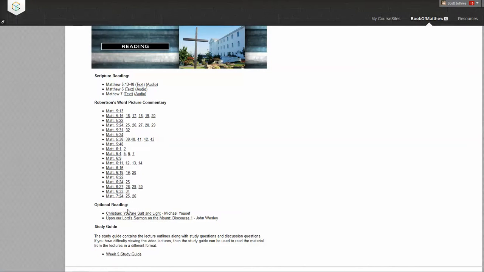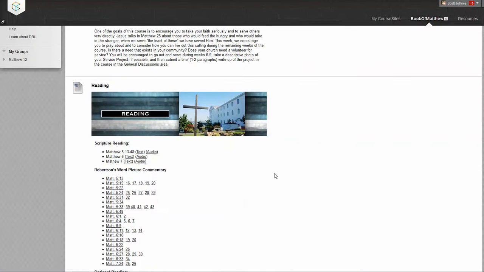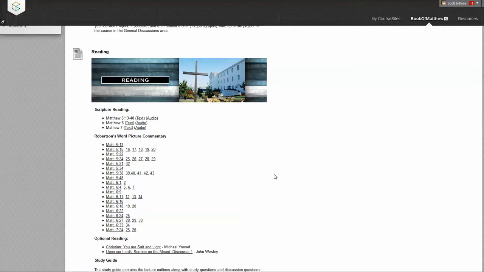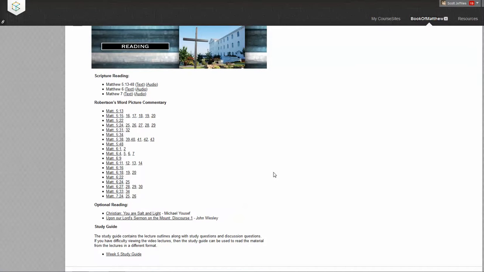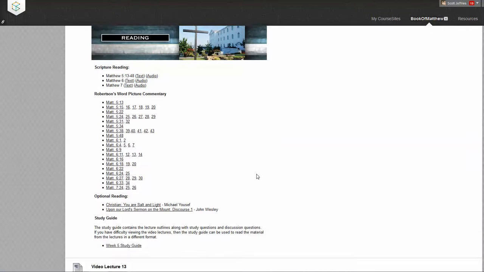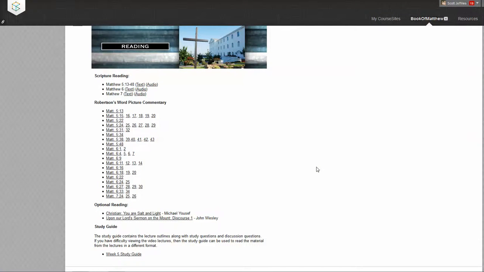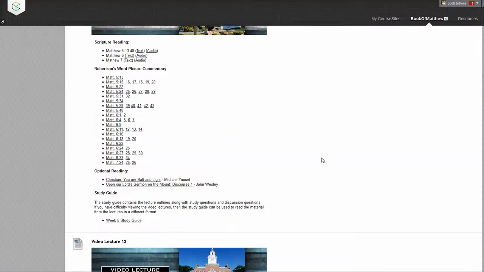They also would have optional reading that you can do on your own. And so the majority of these could be linked, and they were just out there on the web for free. Some of them were not, and I'll talk about this when I get to my critique of MOOCs. You also would have a study guide, which is kind of the lecture notes from Dr. Dennison, who did the lectures.